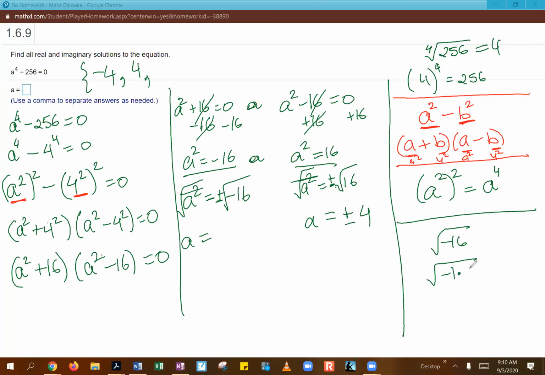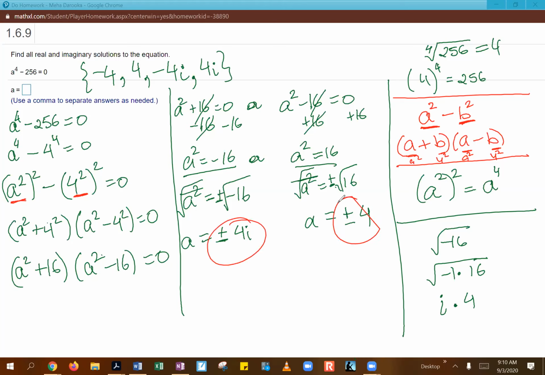So separate that negative sign from the number itself. Square root of negative 1 is i. Square root of 16 is 4. So you end up getting positive or negative 4i. So you will actually have a combination of real numbers and imaginary numbers as your solution set in this case.